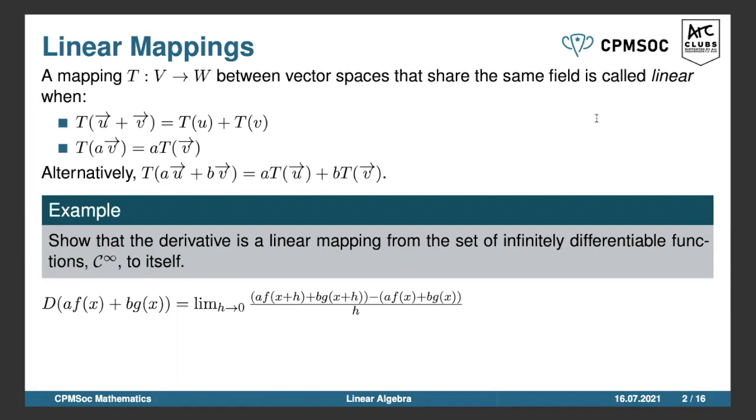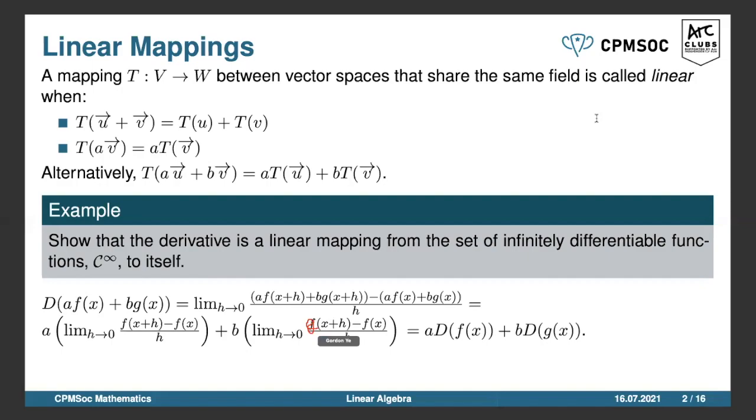And we can separate this into a times the limit when h approaches 0 of the function in f, and b times the limit when h approaches 0 of the function in g, I believe, not f. So this should be g(x plus h) minus g(x), which we can then simplify into a times the derivative of f(x) plus b times the derivative of g(x).